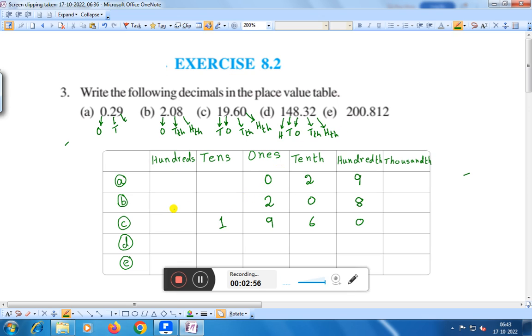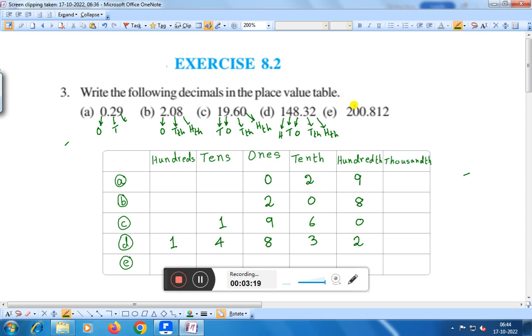Therefore in ones place we'll write 8, in tens place we'll write 4, and in hundreds place we'll write 1. After that in tenth place we'll write 3, and in hundredth place we'll write 2, right?